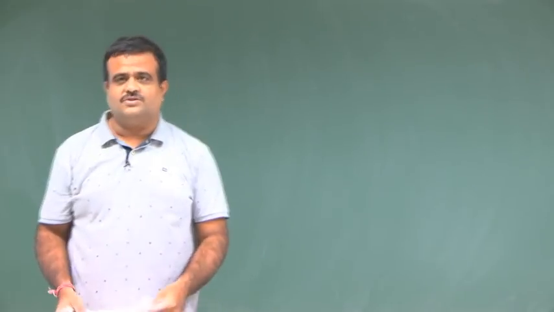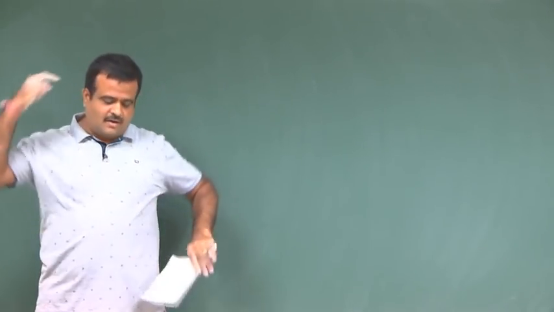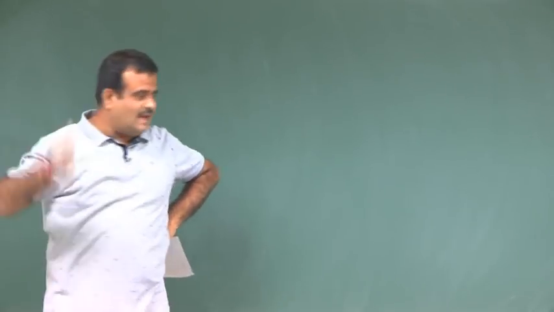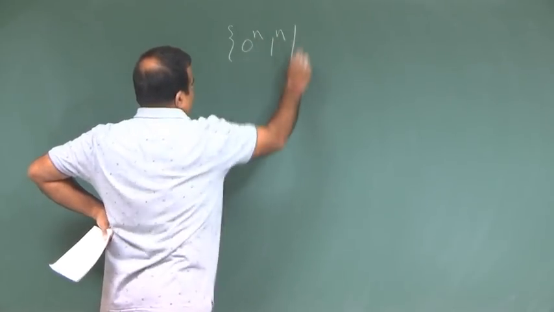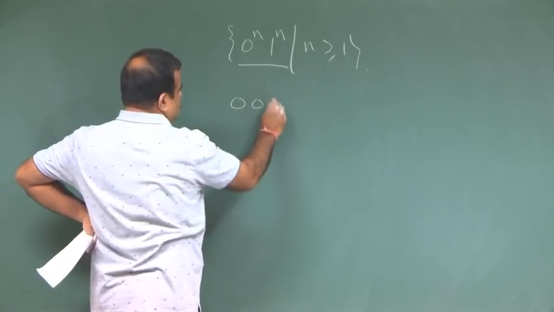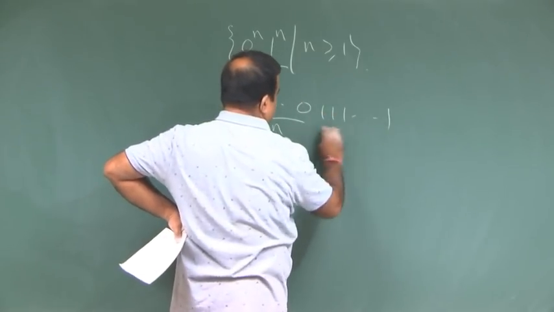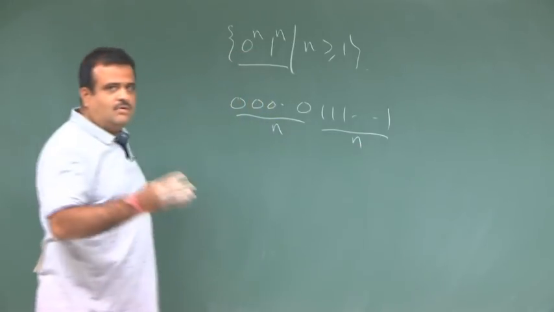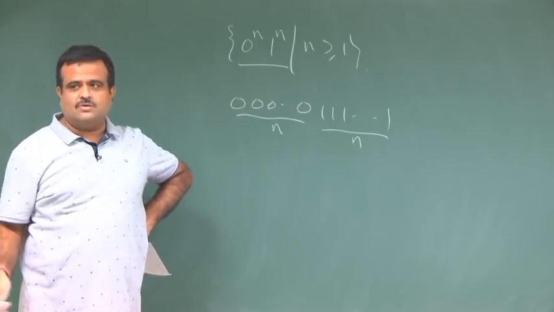I mean, we cannot construct a finite automata for a language like 0 to the power n, 1 to the power n. So, the number of zeros is n and the number of ones is n. There are equal numbers of zeros and ones, zeros followed by ones.